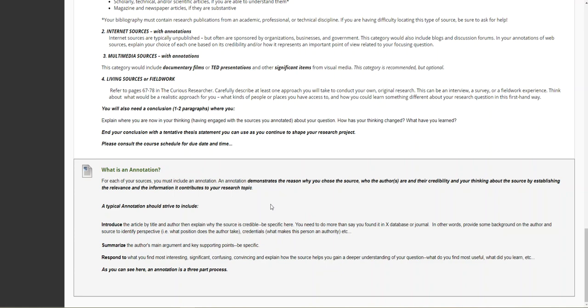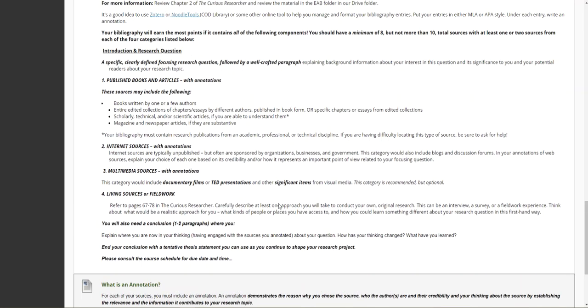Give me information about the authors, what they do, what's their credibility, much like everybody's done for the Twenge and Lukianoff articles in the critical thinking essay. You want to summarize and respond. So it's a three-part annotation, and I pretty much stick to those three parts when I'm assessing your annotated bibliographies. All right, a three-part process, much like you all did for the critical thinking essay.